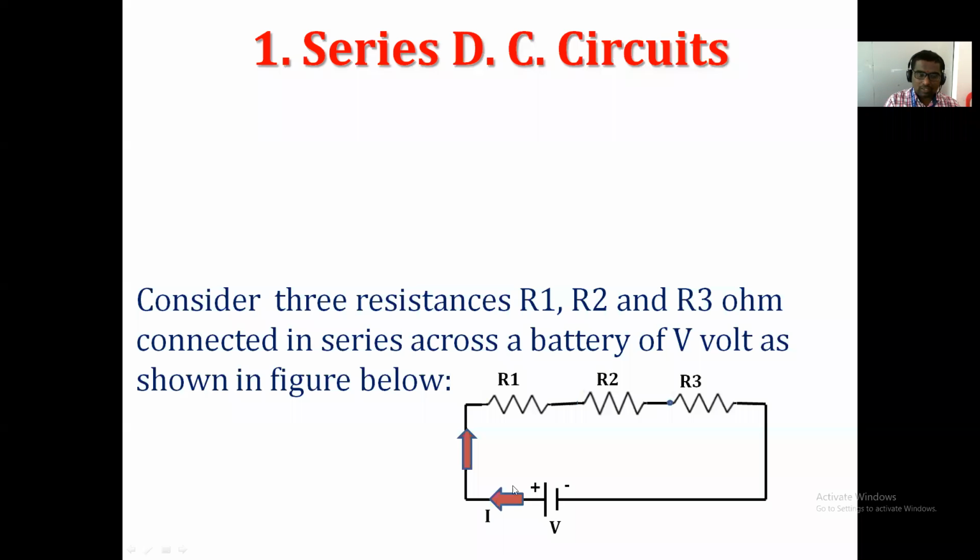But when the current flows through R1, according to Ohm's law, definitely a voltage is developed across R1. Let's consider that the voltage developed across R1 is V1, due to the current flowing through R1.